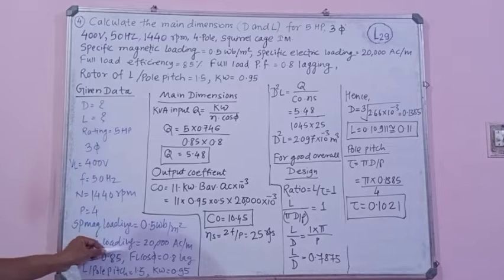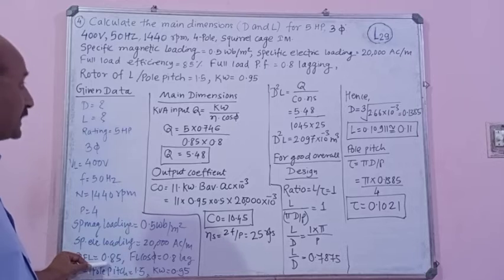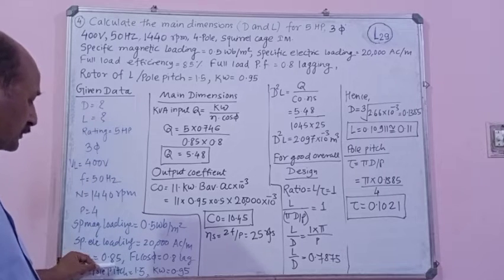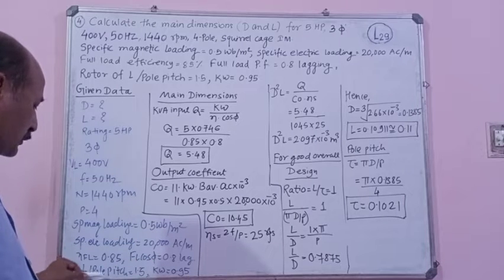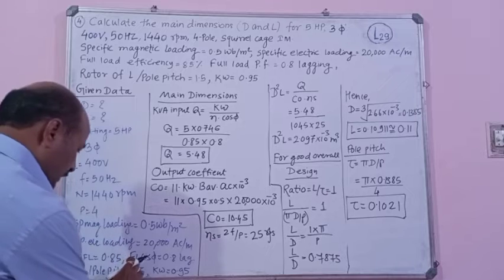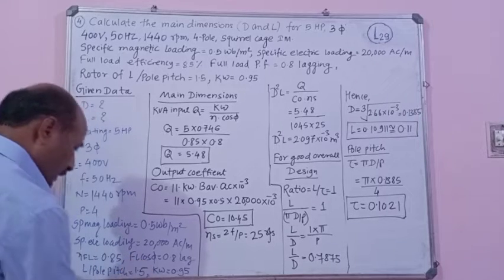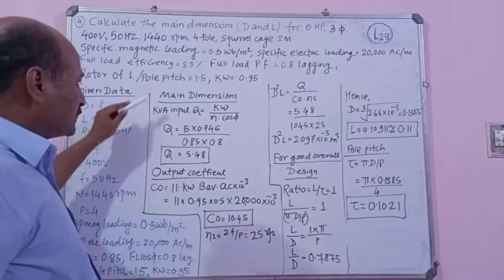Specific electric loading equals 20,000. Full load efficiency equals 85%, means 0.85. Full load power factor equals 0.8 lagging. L by pole pitch equals 1.5 and kW equals 0.95. So how will you proceed? First of all, calculate the main dimensions.